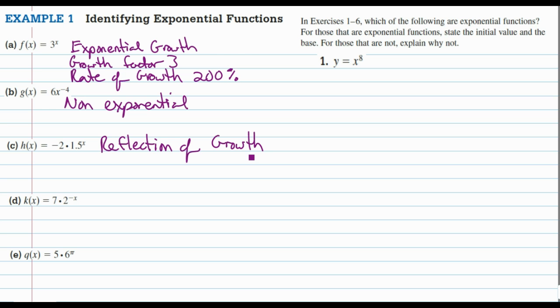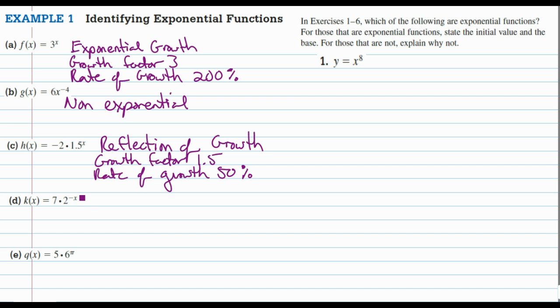So a reflection of growth, its growth factor is 1.5, which means its rate of growth is 50%, 0.5. So tomorrow you'll have 150% of what you have today. All of what you have today plus another 50%. It's growing by 50%.